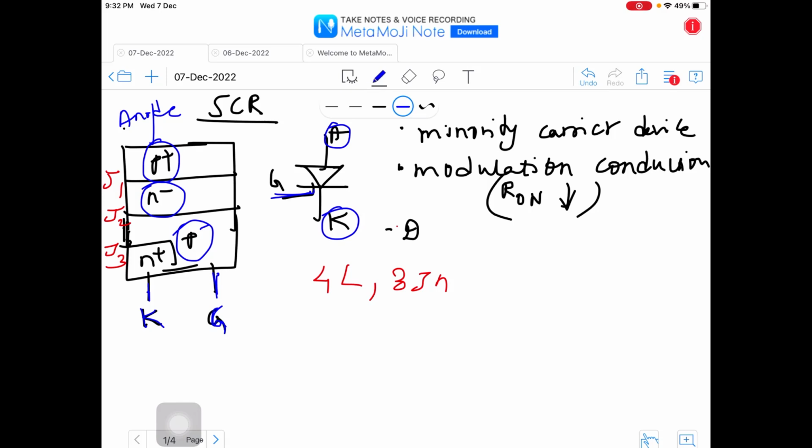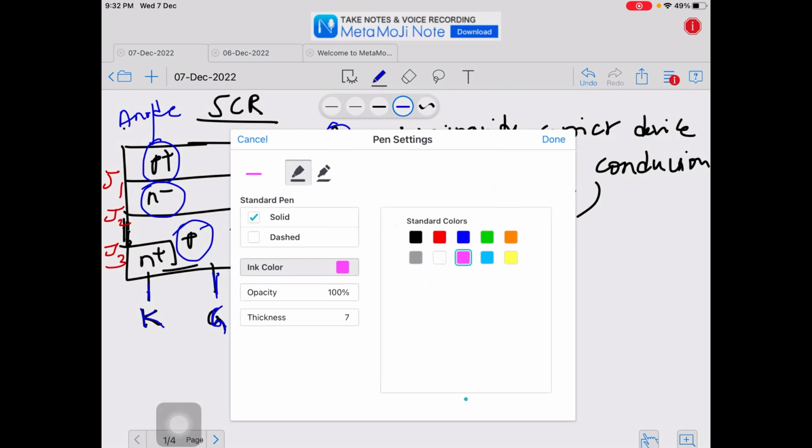Let us consider the construction and cross-sectional view of the SCR. The upper P plus, that is where the anode is connected, is highly doped.